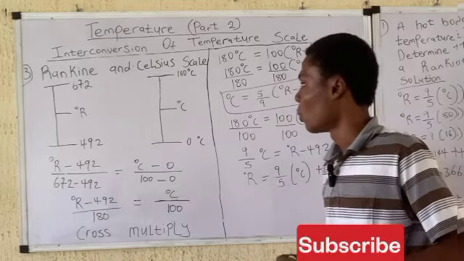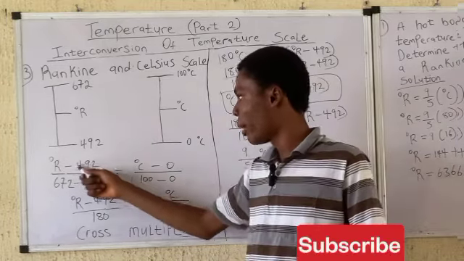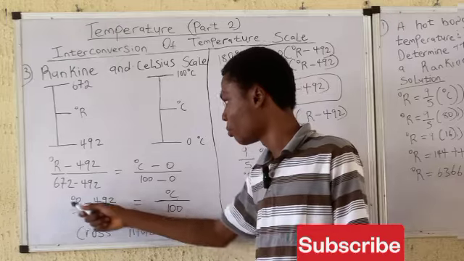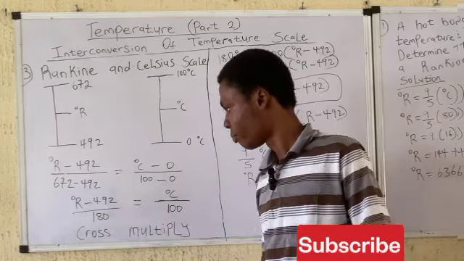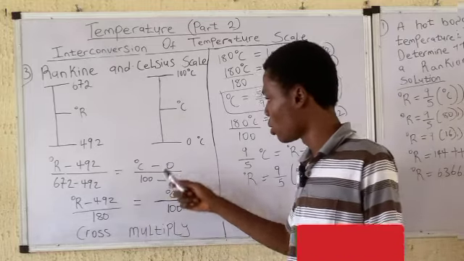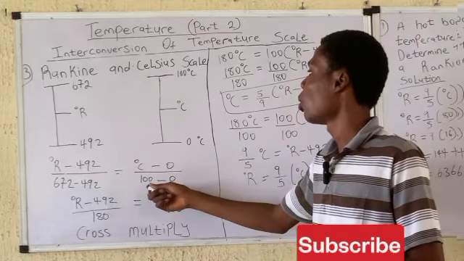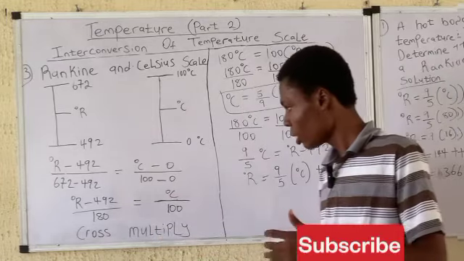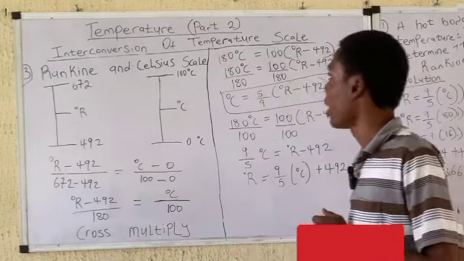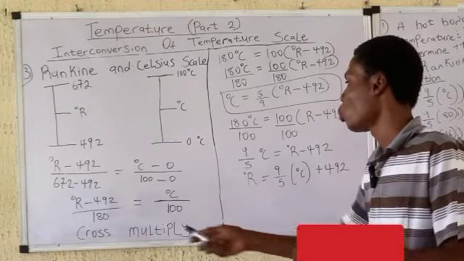Now, we subtract R minus 492, we have here 672 minus 492, we have 180, equal to Celsius minus 0, we have Celsius, and 100 minus 0, we have 100. Now, what do we do next? We cross multiply.